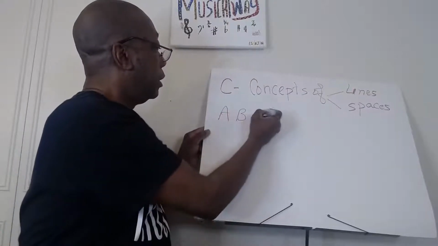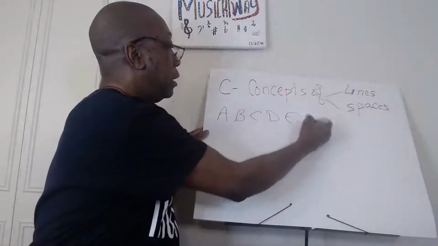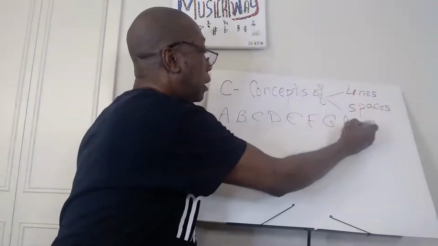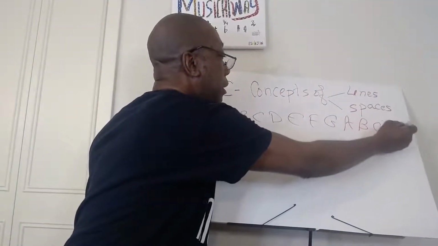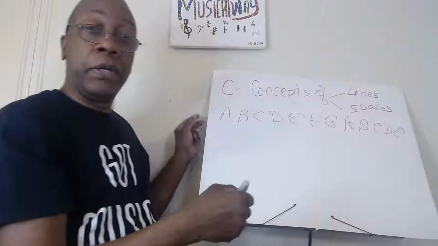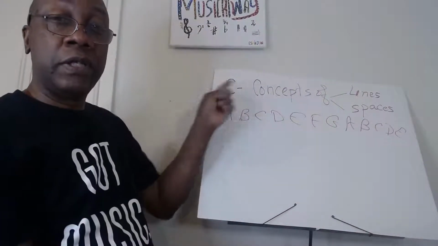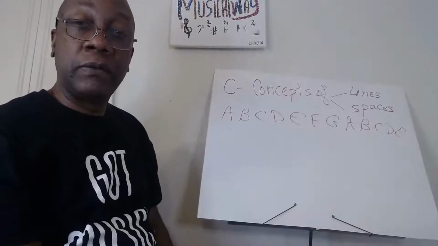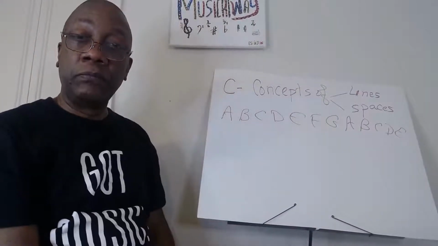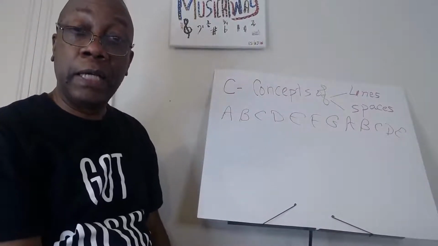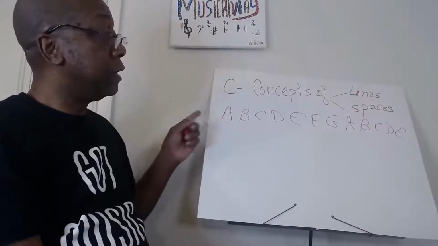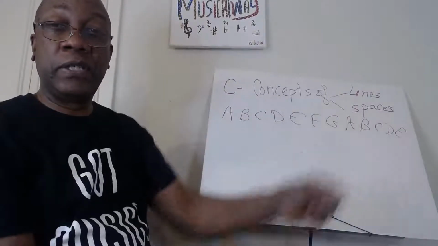A, B, C, D, E, F, G, A, B, C, D, E. I can continue because after 7, it goes back to the first one. So it continues until, for instance, later on I'll be showing you the keyboard has 88 keys. It starts from A and ends on the 88th key, which is a C.